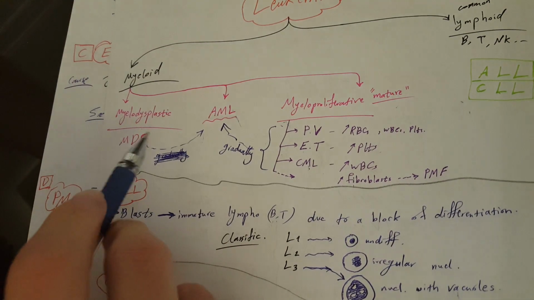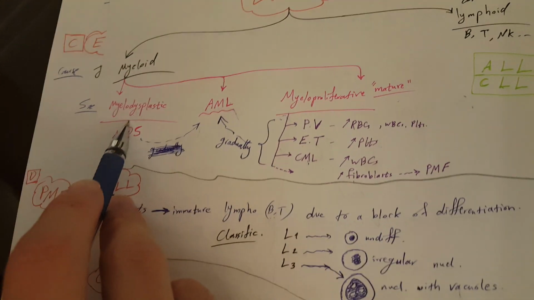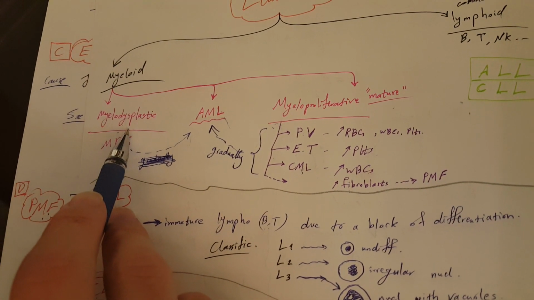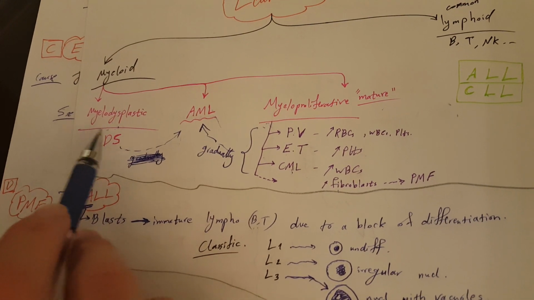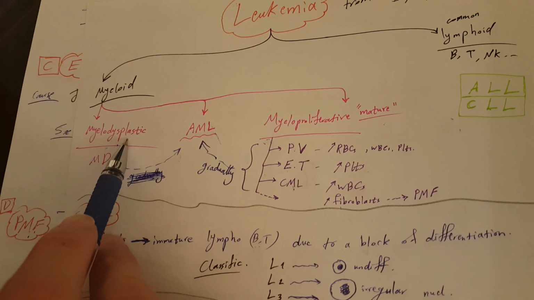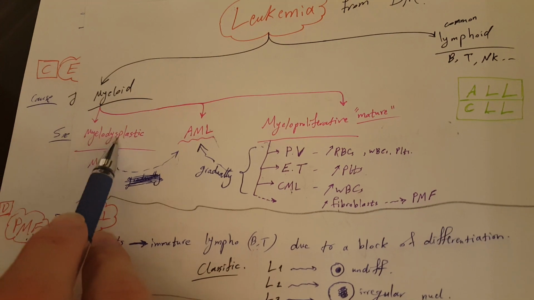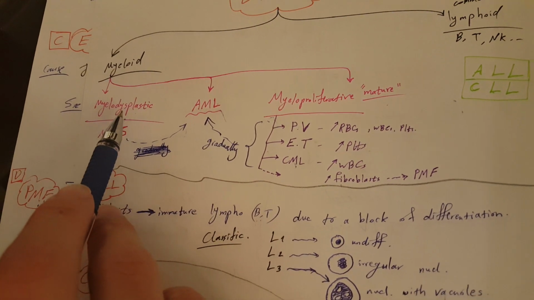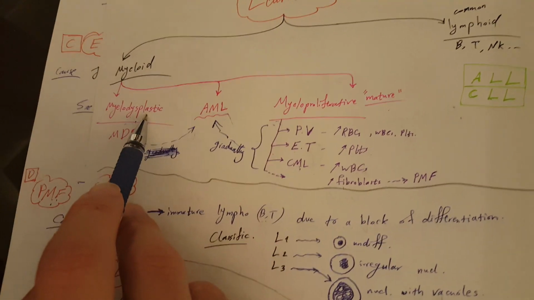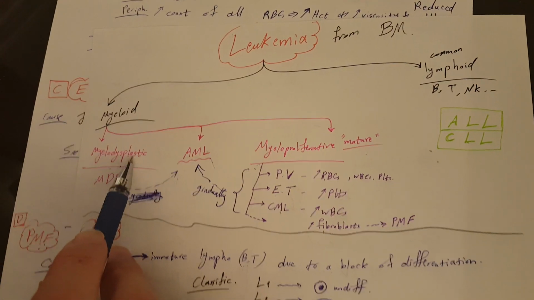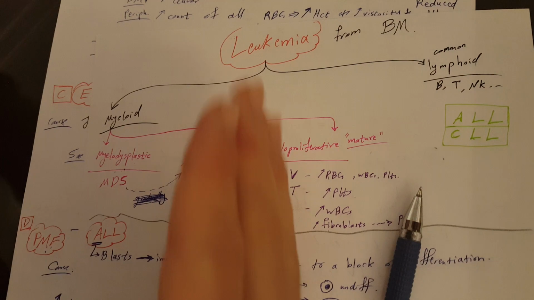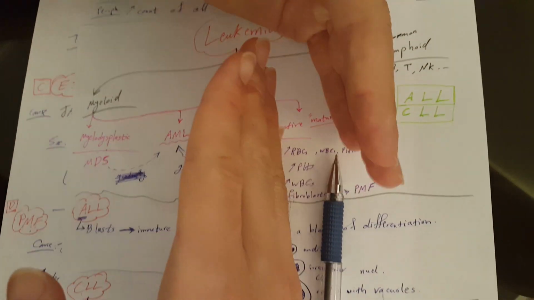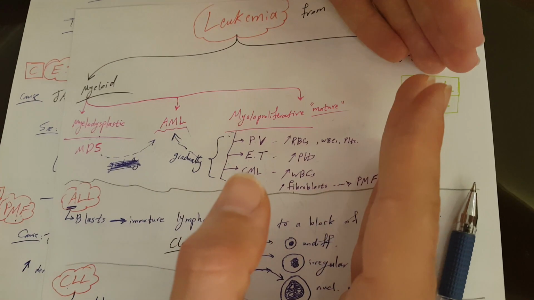Okay, so what is myelodysplastic syndrome? It's not discussed in our pathophysiology lectures, so let me tell you about it. Basically, it means that there's a dysplasia, so the stem cells, the progenitor cells, won't be able to differentiate. That's different from when they differentiate abnormally.